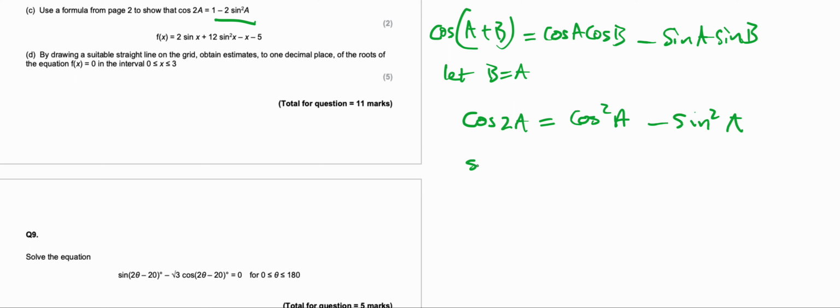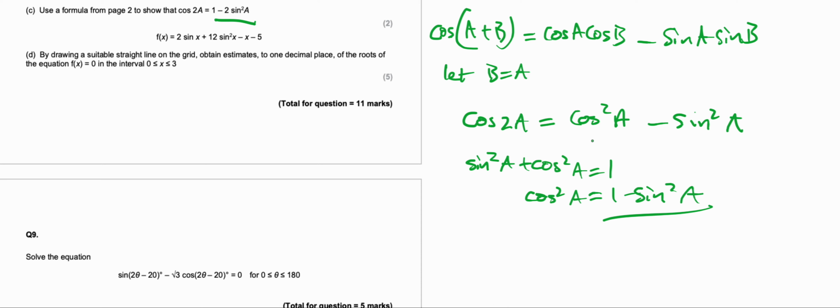So we know that sine squared A plus cos squared A equals 1. So cos squared A is 1 minus sine squared A. And you substitute that in here, which gives you cos 2A is 1 minus 2 sine squared A.